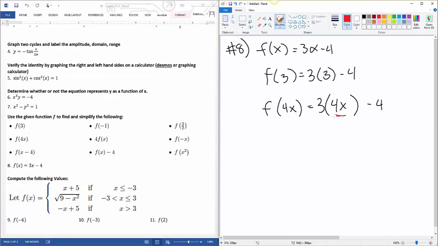Instead of x, it now becomes 4x, and then you simplify that. If I had 4 f of x, that means you take 4 and multiply it by what your f of x is. We said f of x is 3x minus 4, so 4 times 3x minus 4.